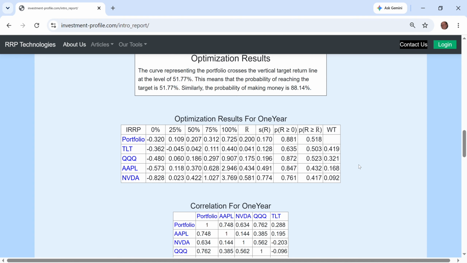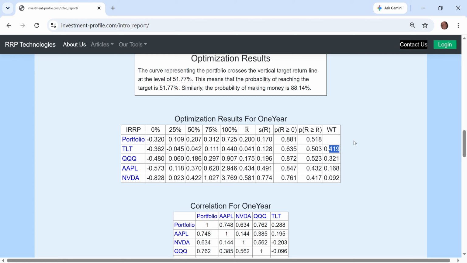I'd like to also show some of the data here. Over on the left, you see the portfolio. Data for the portfolio is shown in the top row, and data for the securities is shown in these other rows. Notice that the weightings are organized from top to bottom, with the highest weighted securities at the top. So in this case, the weight for TLT is about 42%.